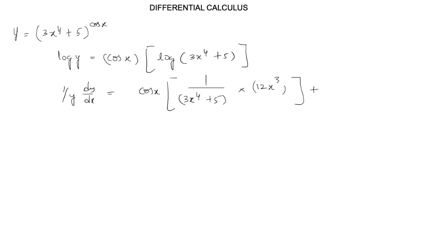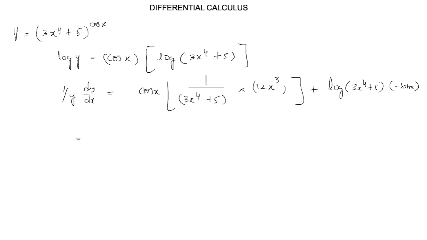Okay, close the brackets, and plus log of 3x to the power 4 plus 5, and differentiation of cos x is minus sin x.